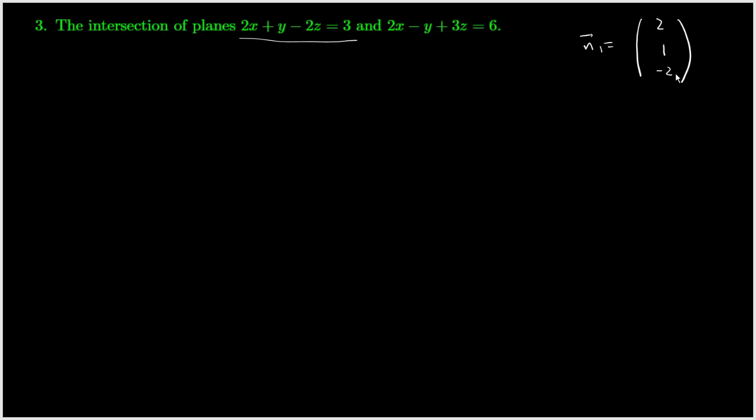The second plane, the double underlined plane, has a normal vector, let's say n2. The three components of n2 are 2, negative 1, and 3, right? You see the two normal vectors are not in the same direction or reverse direction.